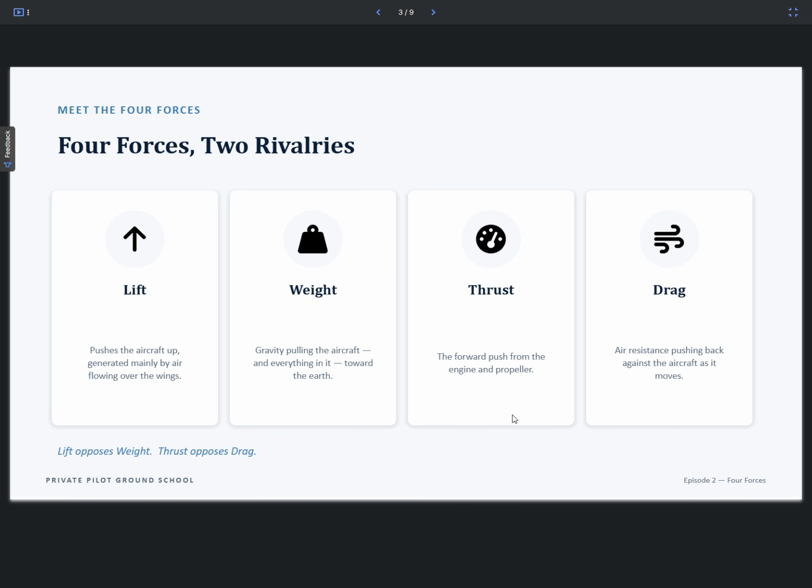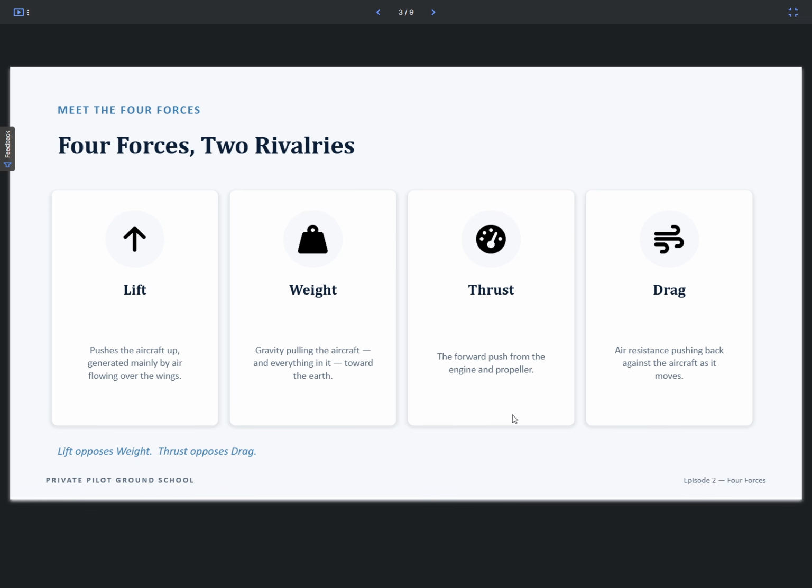Lift is the force that pushes the airplane upwards. Lift is created by the wings. Airplane wings have a special shape called an airfoil. As the airplane moves forward, air flows over the top and underneath the wings.